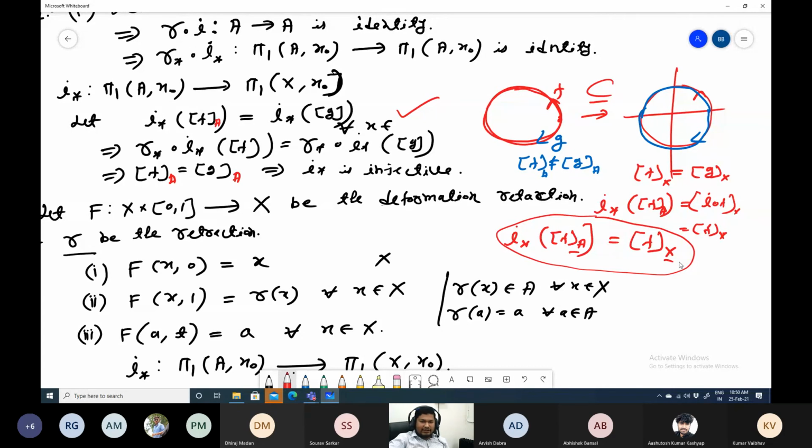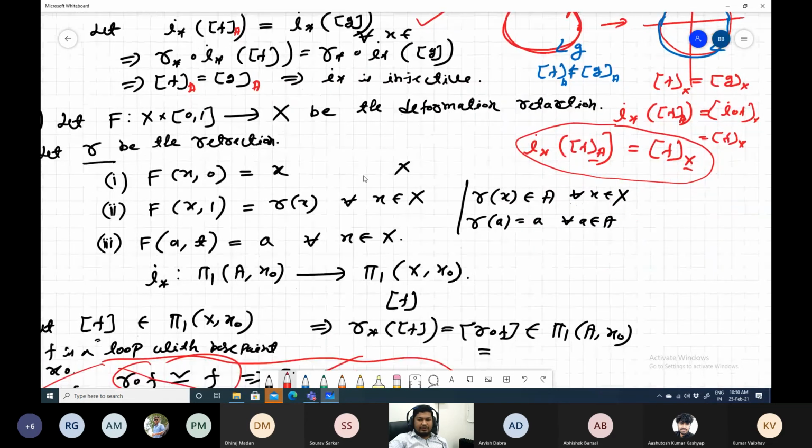So that means we cannot do this directly, because if you write i star F, that is actually F in X, right? So therefore we cannot write that, but we need this. Now everything is fine.